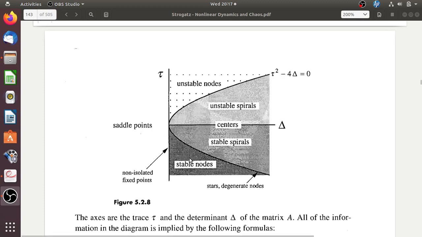And then here I will have a stable spiral, because in this region we have complex numbers as the solution. So in this region we have a stable spiral, and in this region an unstable spiral, and this is the region where the trace is 0.